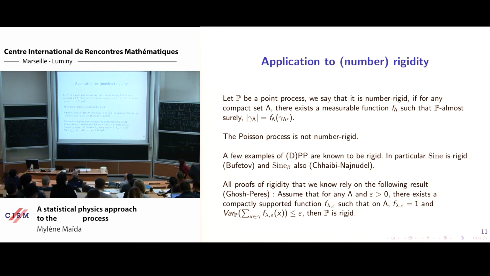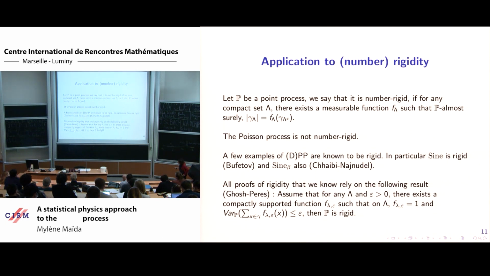So what you have to do to show rigidity is, you fix your lambda, you fix an epsilon, and you construct a family of compactly supported functions that are one on the lambda you are interested in, and you have to control the variance of the linear statistics here.